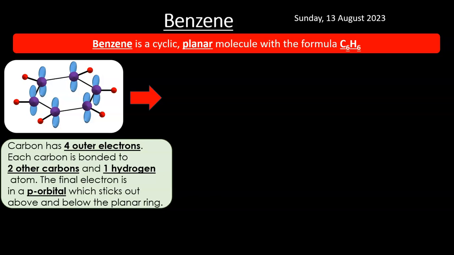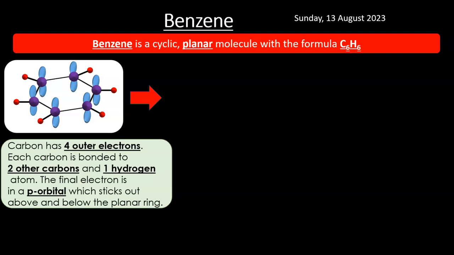So as you can see in this first representation, each carbon atom is joined to 2 other carbon atoms and a hydrogen. 3 single or sigma bonds have been formed. This leaves each carbon with a separate electron. These are still inhabiting carbon p orbitals, as you can see by the figure of 8 shape.